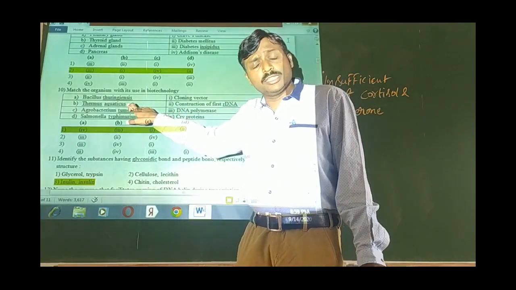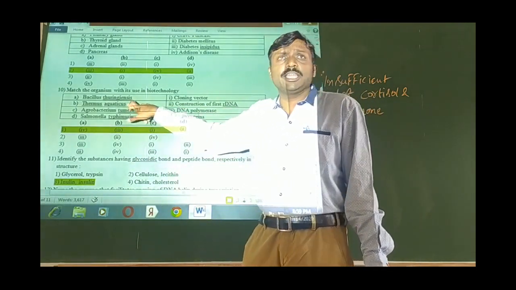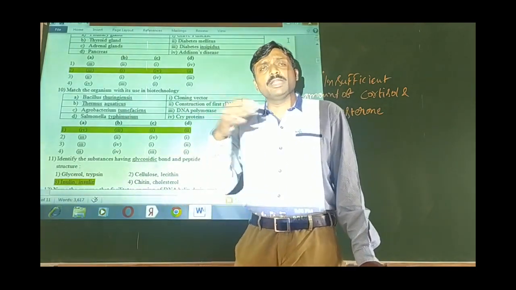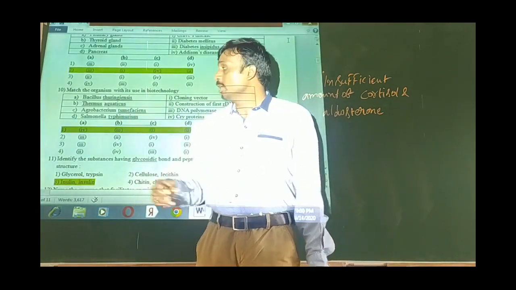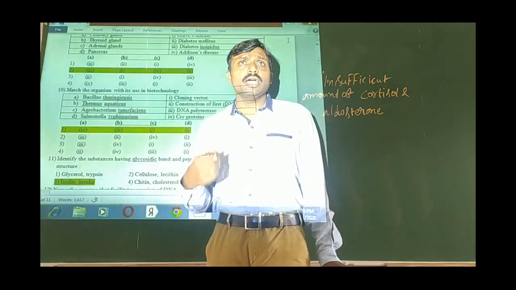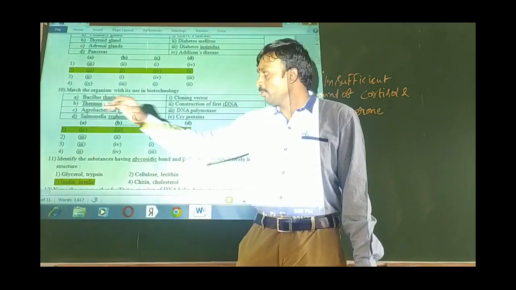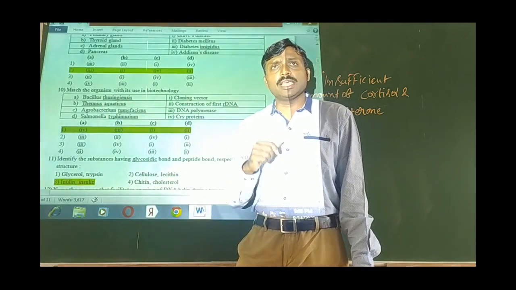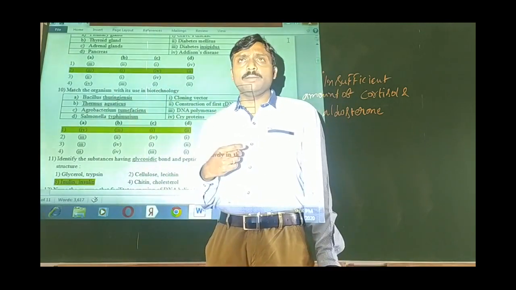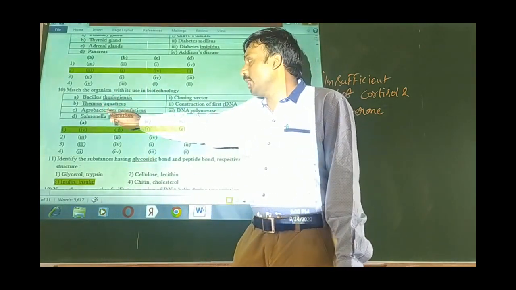Thermus aquaticus is an archaebacterium which can survive in hot water where the temperature is around 100 degrees Celsius. So Thermus aquaticus is used in the PCR reaction. The PCR technique uses the polymerase enzyme from Thermus aquaticus to produce more numbers of similar genetic copies.